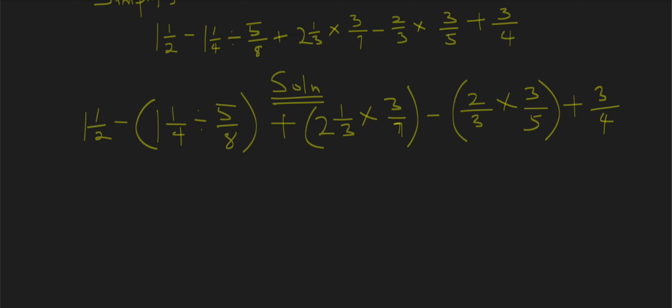So we have 3 over 2 here, minus, in brackets, 1 whole number 1 over 4. 4 times 1 is 4, plus 1, 5. So this is 5 over 4 here.